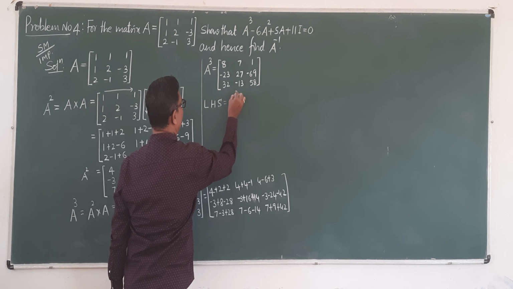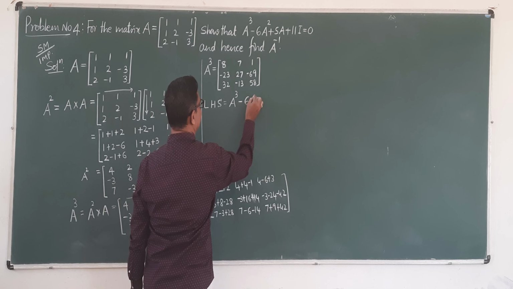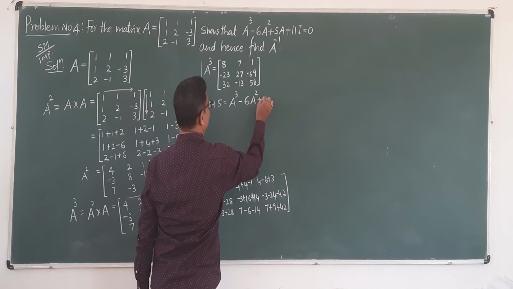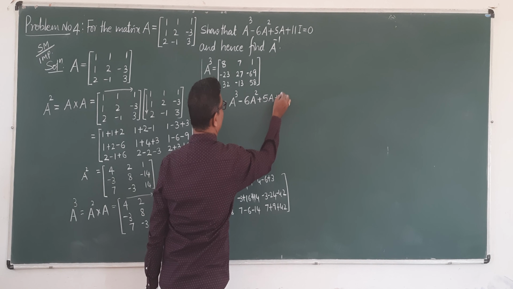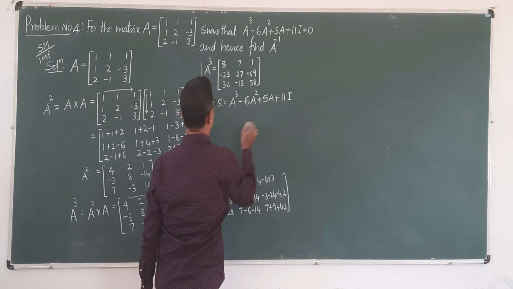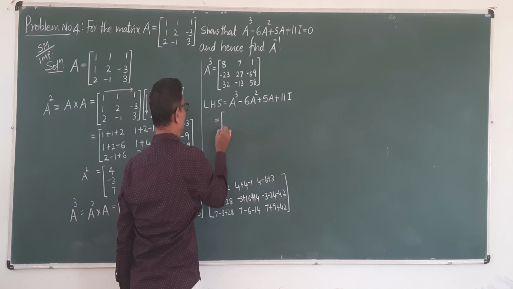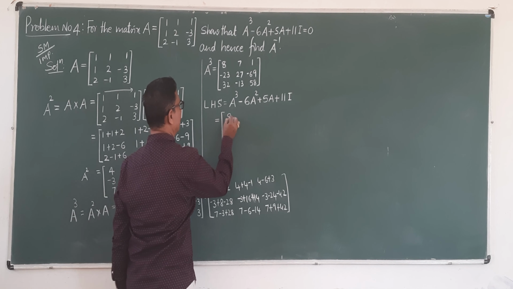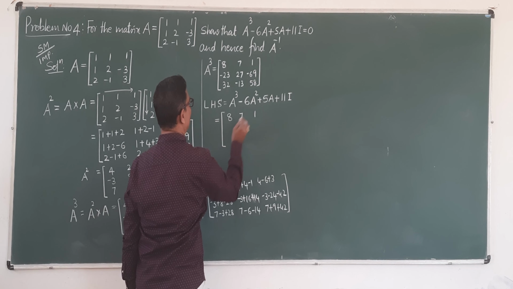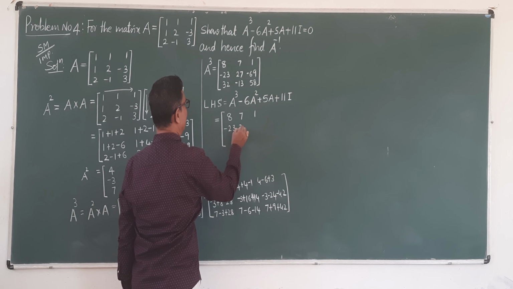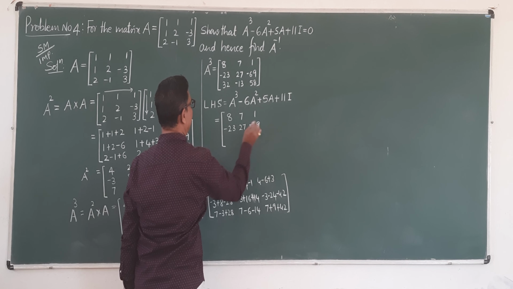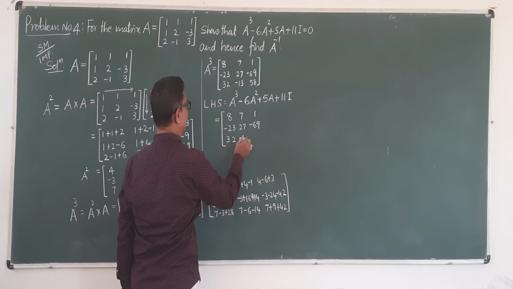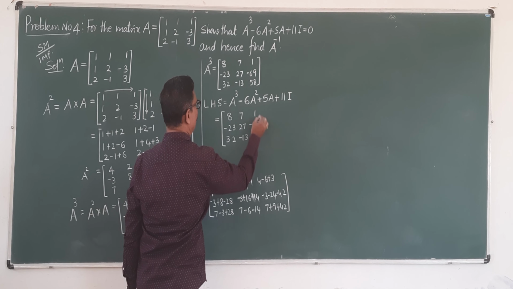Then take LHS: A cube minus 6A square plus 5A plus 11I is equal to the zero matrix. Substituting the values, what is A cube? 8, 7, 1; minus 23, 27, minus 69; 32, minus 13, 58.